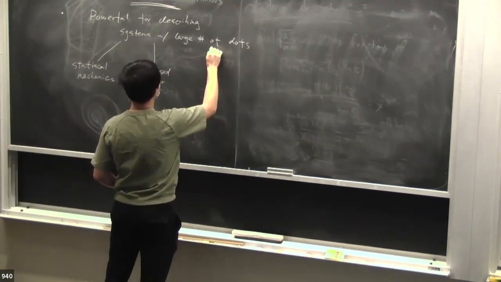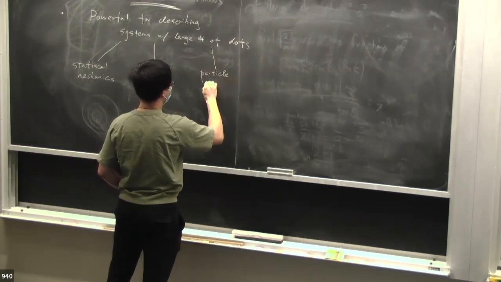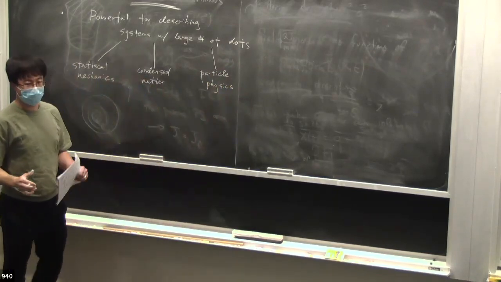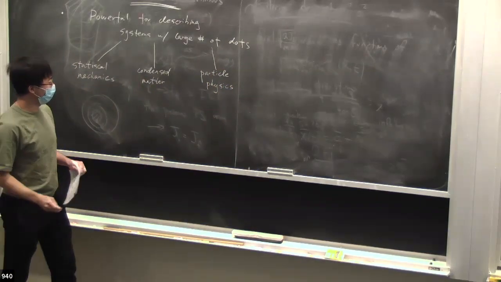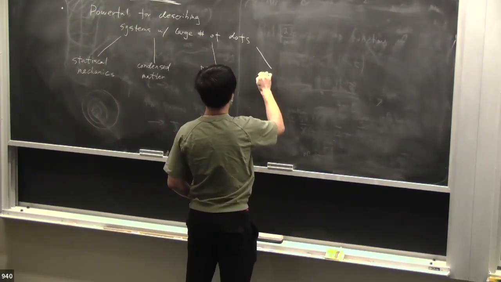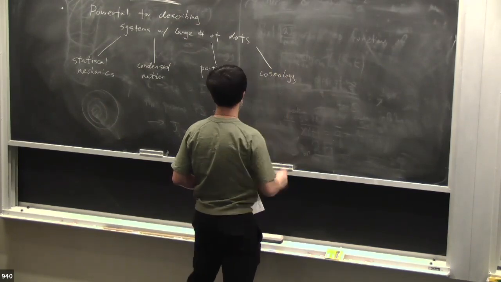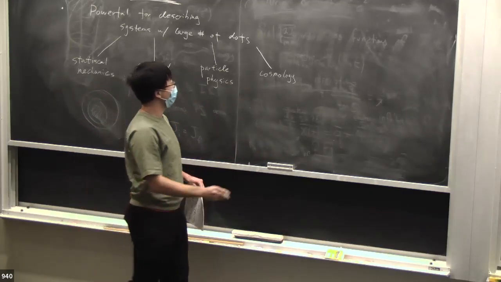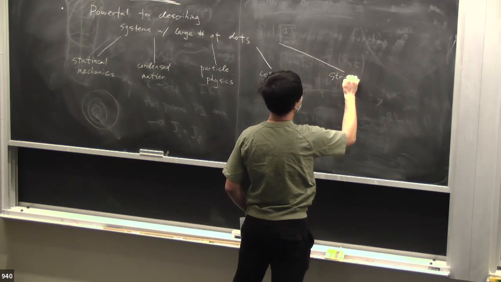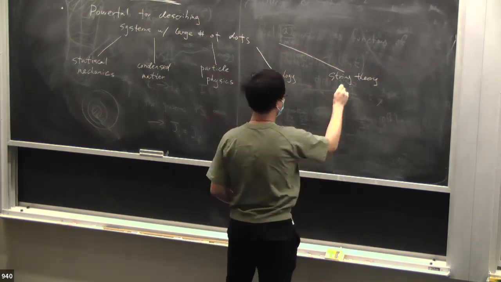Of course, this also shows up in particle physics, where particle collisions at high energy are known to produce a rich zoo of other particles. And also in cosmology, where quantum field theory has been used to model inflation. And lastly, quantum field theory provides the backbone for string theory as a description of quantum gravity.